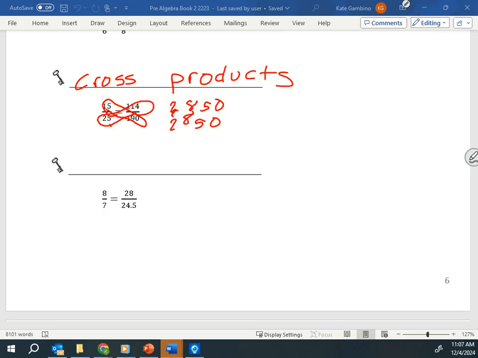Some we just look at and kind of know. But any of these ways will prove it. So doing the cross products on the scale factors with division, 3/4 to 9/12: 3 times 12 is 36, and 9 times 4 is 36. So even with the small numbers, it still works.